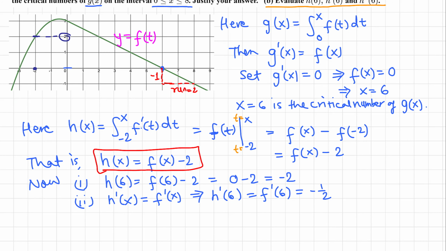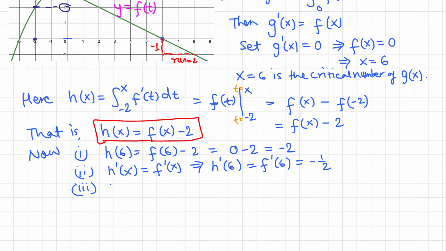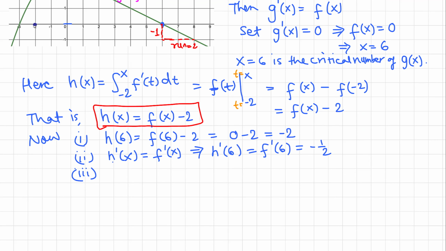Okay, and we need to find h double prime of 6 in the question. First we need to find the second derivative. h prime is f prime. If we take the derivative one more time, h double prime is f double prime at x. So we are trying to find h double prime at 6, the second derivative at 6.